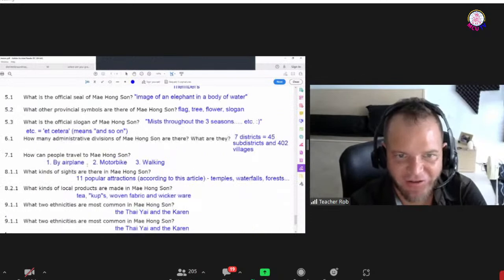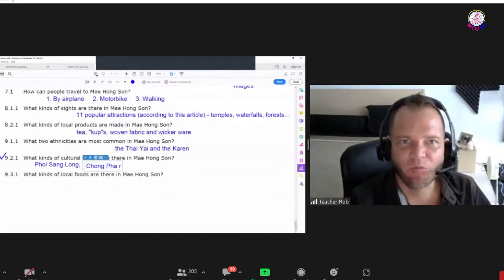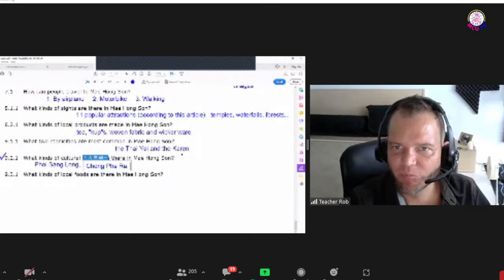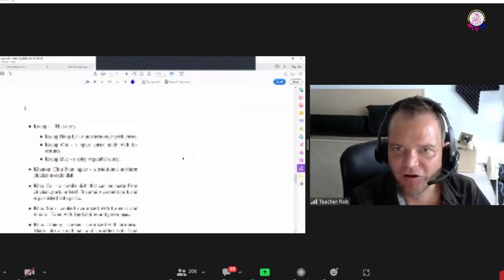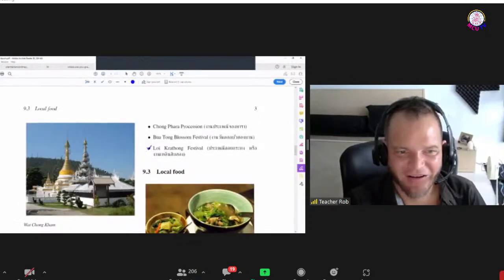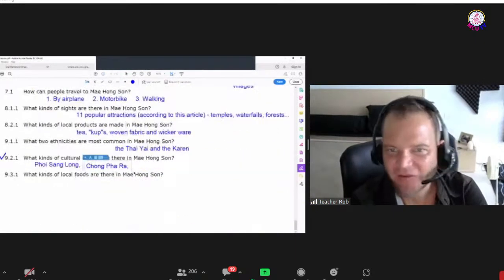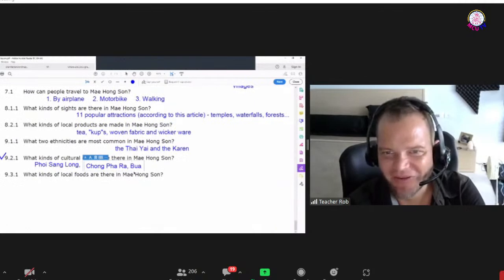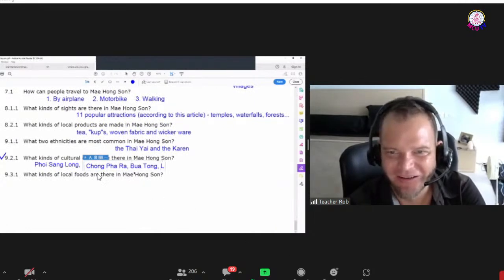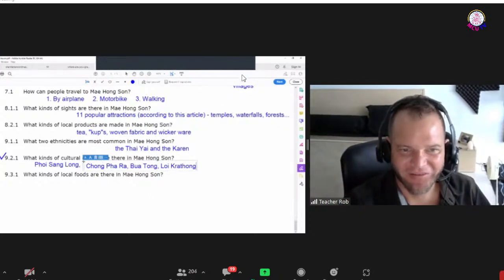That's the next one. 3rd one was Bua. What was this one again? Buatong Blossom Festival and Loy Krathong. So Buatong, Loy Krathong. Awesome. Nice. It's making me want to go visit there again. I haven't been there since, like I said, 2 years ago. So those are the different kinds of cultural events that they list.